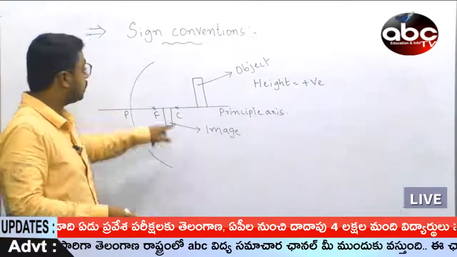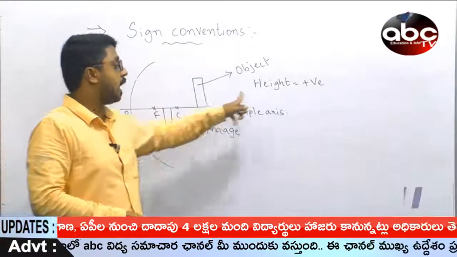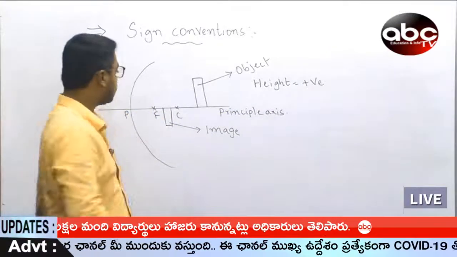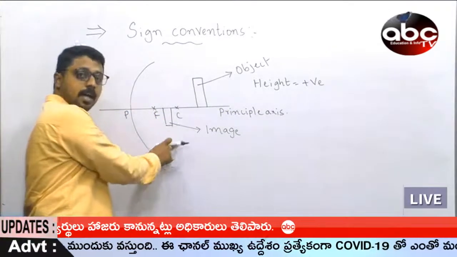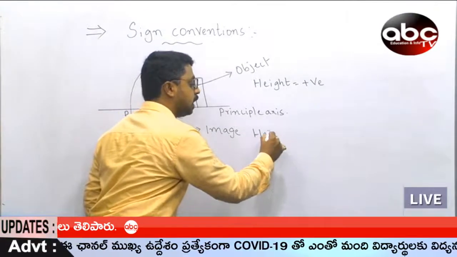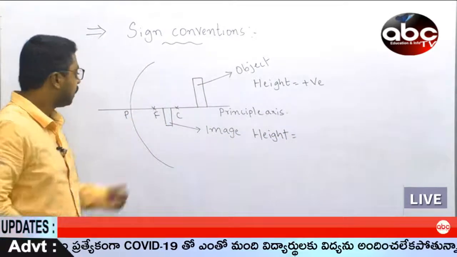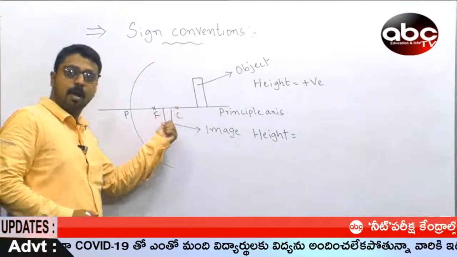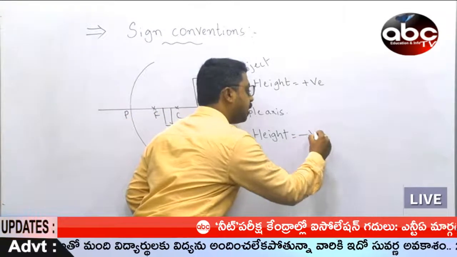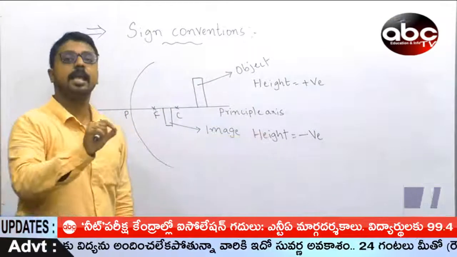If an image is resulted above the principal axis, automatically the height is taken as positive. Whereas if the image is resulted here, below the principal axis, the height should be noted with the negative symbol.